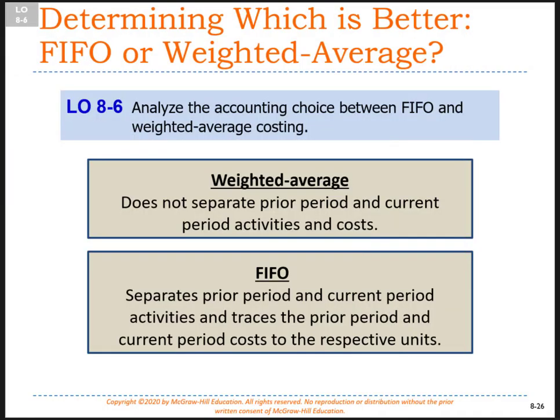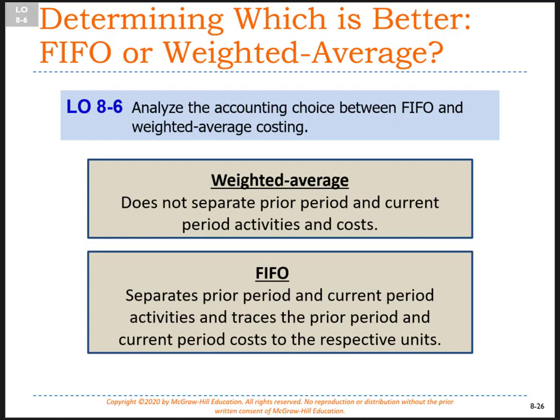Which one's better? Okay, there's not really a better. FIFO is going to be more focused on our current costs, okay, and it's going to change faster than the weighted average if things change in the current period because it's not averaged together.